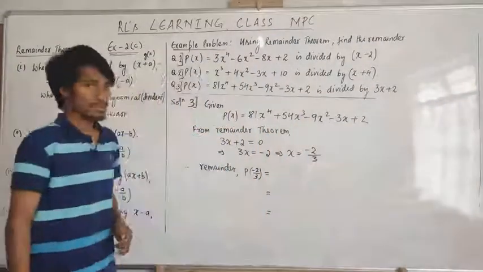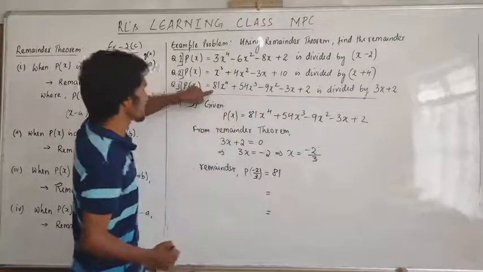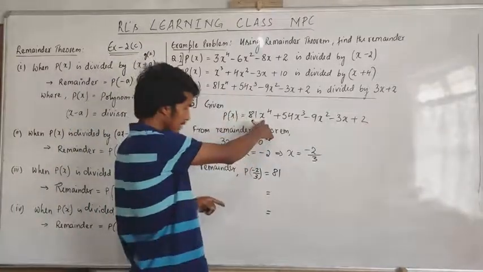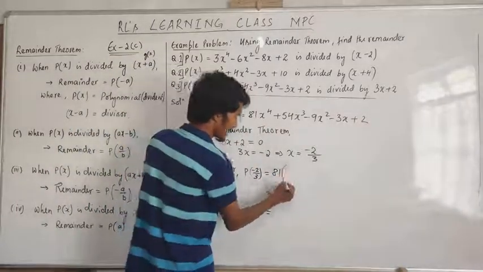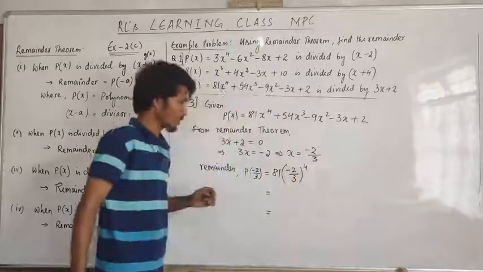Okay, and how do we solve this? Now 81, I'll put here 81 x to the power 4. In place of this x, how much do you have to put? Minus 2 by 3. Minus 2 by 3 to the power 4.